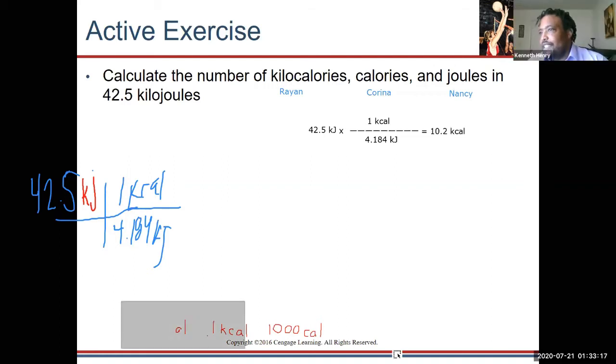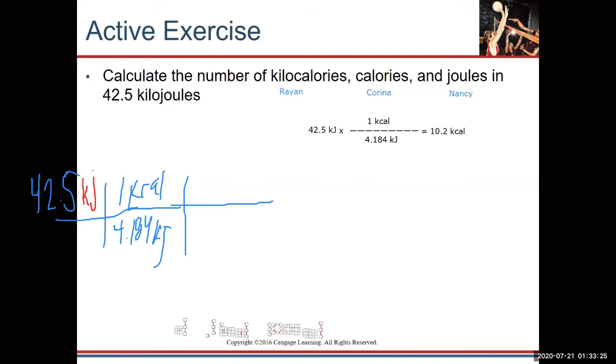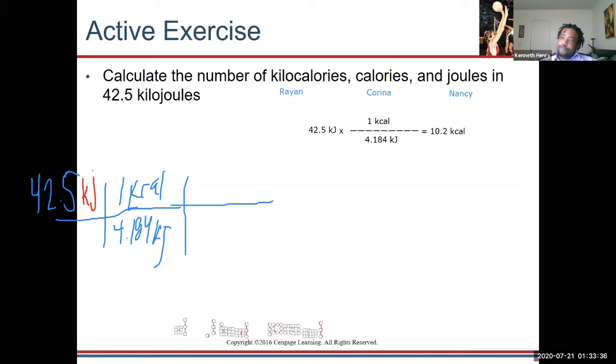And then I would do this. There's 1,000 calories in a kcal.